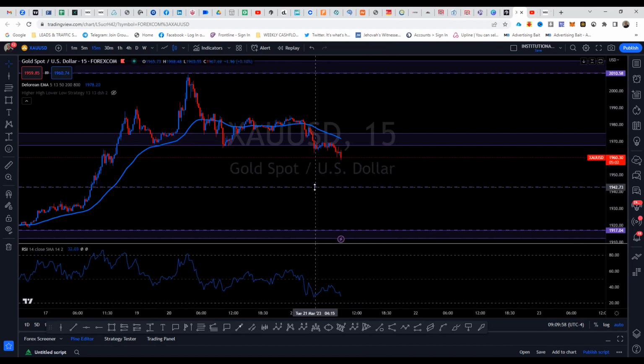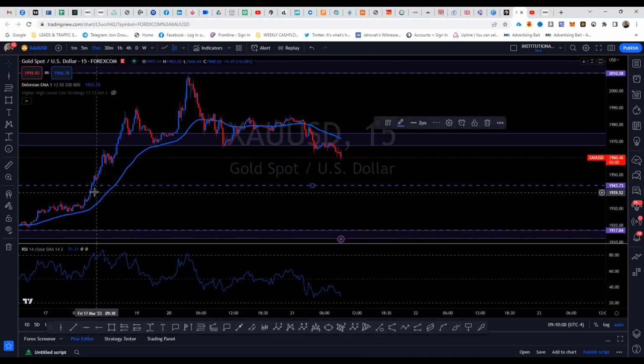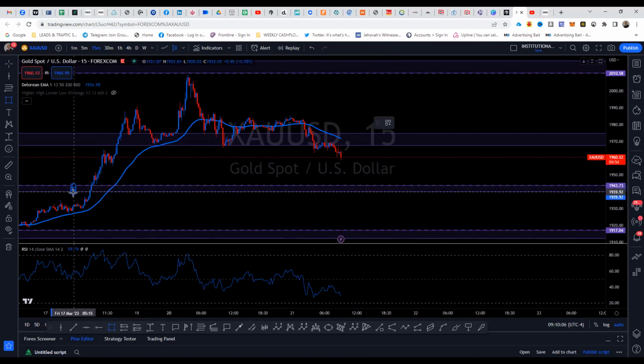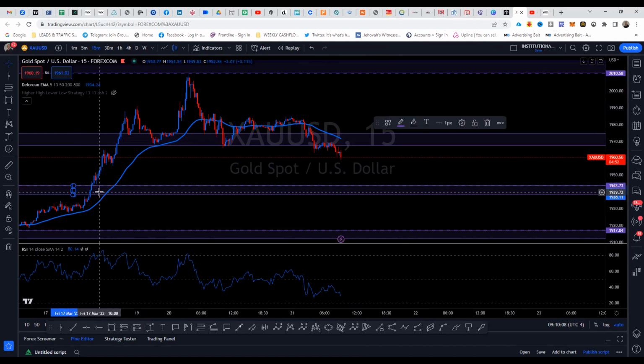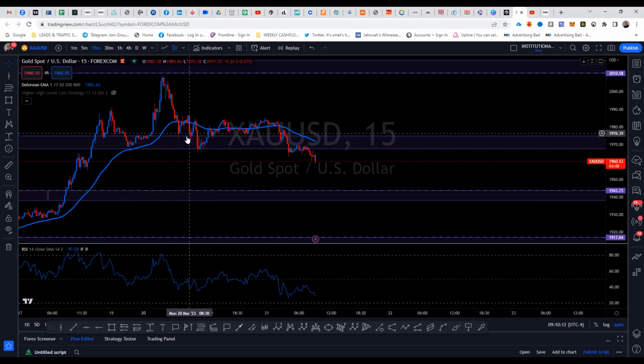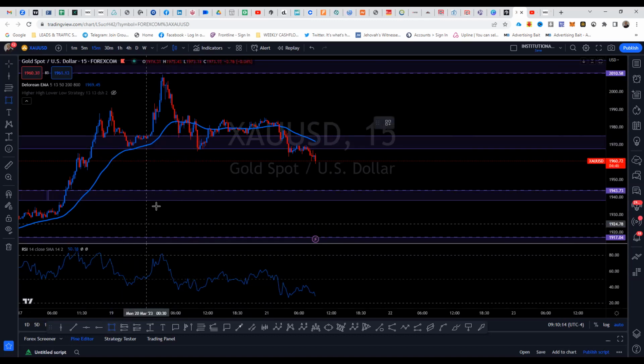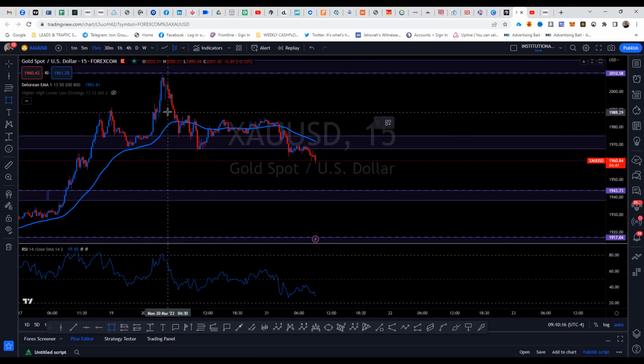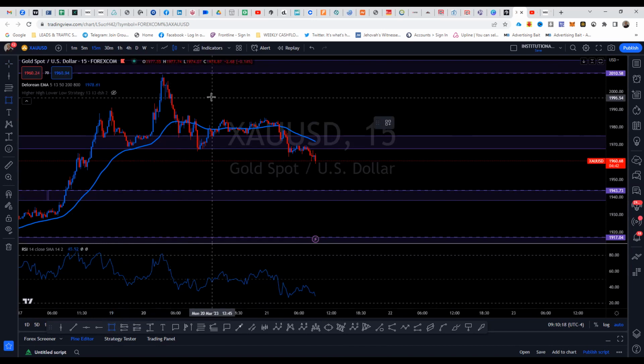Really, I'm looking at how price tested this area. So I see price going into a downtrend here. That's what I see.